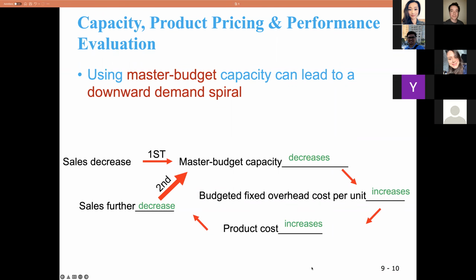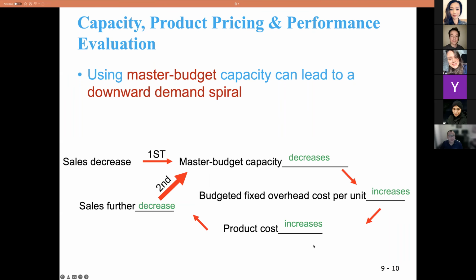Okay, 1, 2, 3. Very good. So this is a potential problem when you use the master budget capacity: when sales decrease, prices increase, and the sales volume decreases further. This is called a downward demand spiral. The demand for your product just keeps going down in a spiral.